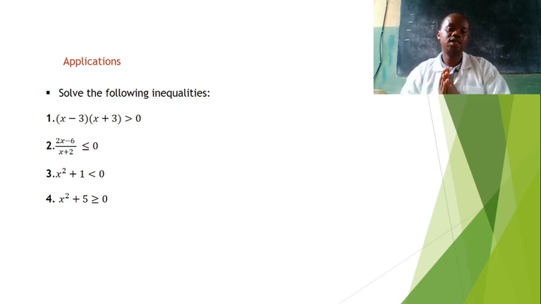We will find the solution. Secondly, we have 2x minus 6 over x plus 2 less than or equal to 0. Number 3, we have x squared plus 1 less than 0. Number 4, we have x squared plus 5 greater than or equal to 0.